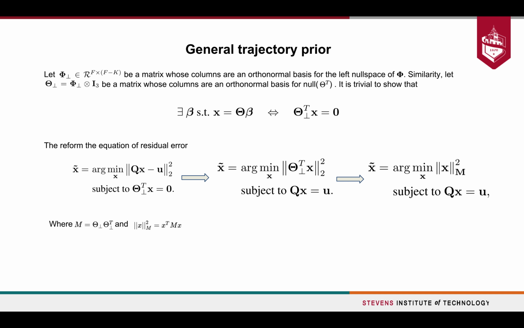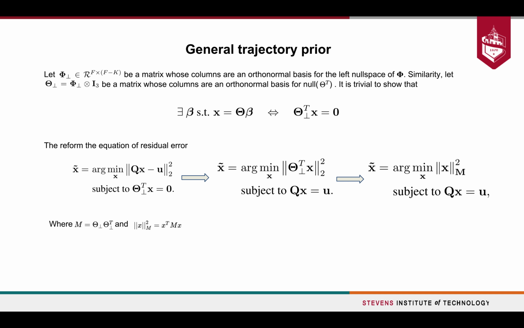Then they reformed the previous work into this generic trajectory prior. First, they introduced the null space of the trajectory basis. Since X is a linear combination of the trajectory basis, it is supposed to have zero value when projected into this null space.